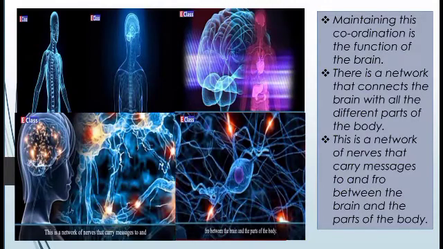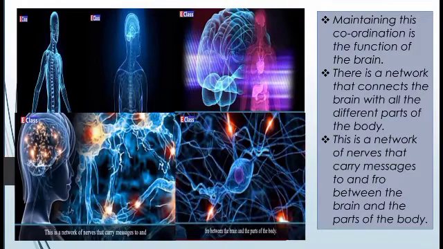Just like when you chat on WhatsApp with your friend and immediately get a reply. Why? Because your friend may be online, or if your friend sees the message, the friend is going to reply immediately. In the same way, this network of nerves gives messages to the brain, and accordingly the brain sends messages to different parts of the body immediately to carry out the task.